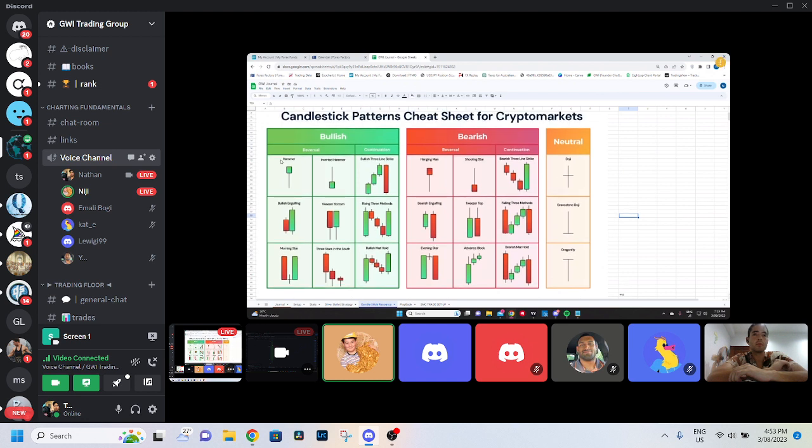If we start from the top left, all of these candlesticks in this green box represent a bullish move, bullish momentum, meaning there are buyers in the market. Top left, we have something called a hammer, which has a bottom wick and the body is up here.